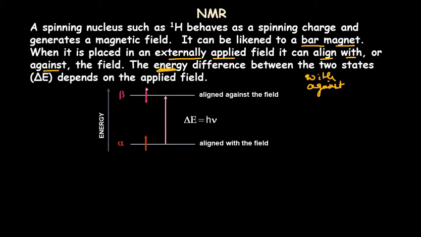There is an energy difference between aligning against the magnetic field and aligning with the magnetic field. Why?